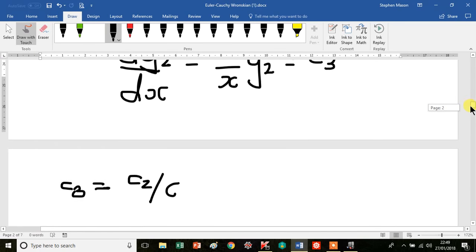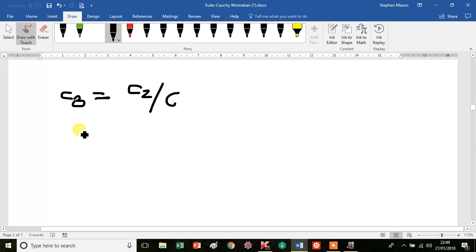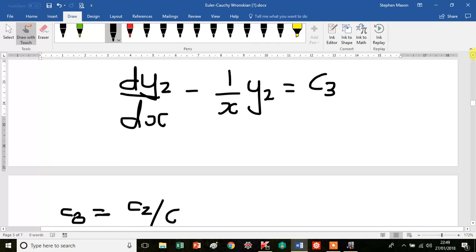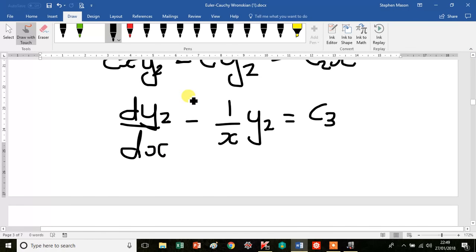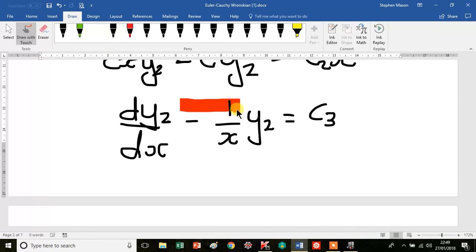How do we solve that? Well, we need an integrating factor. So the integrating factor is equal to e. It's a bit like finding the Wronskian, really. It's e to the power of this. I don't know where my pen has gone up there, but anyway, I hope nothing terrible happens.